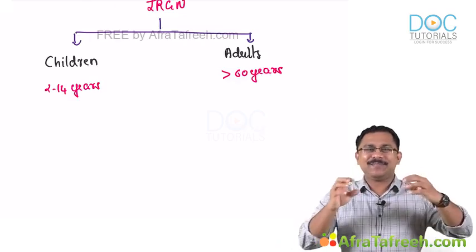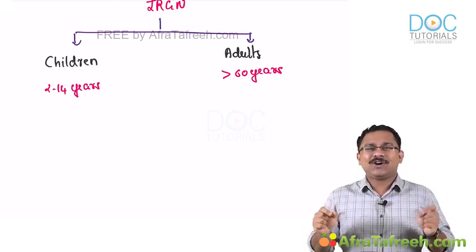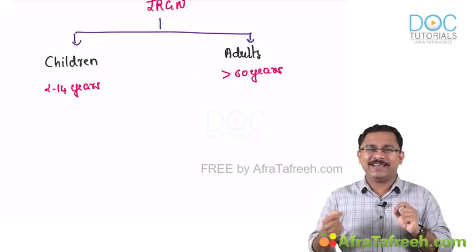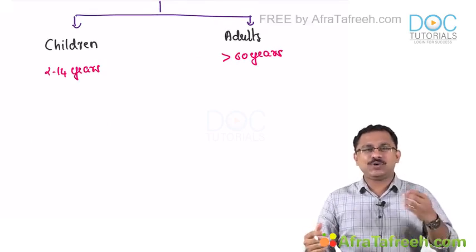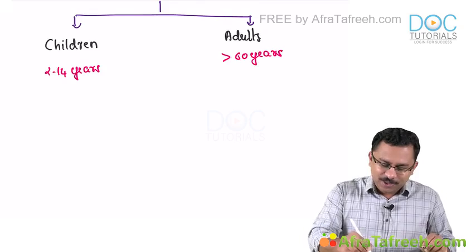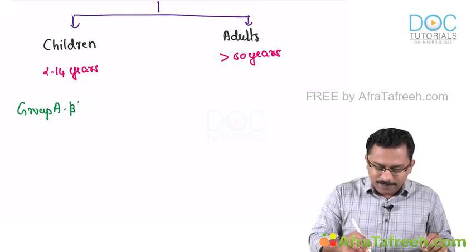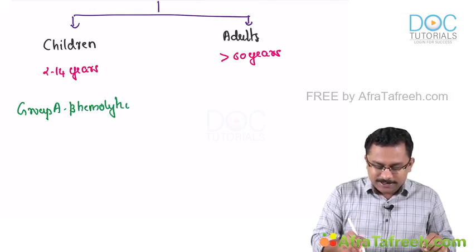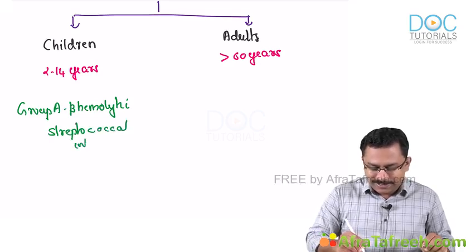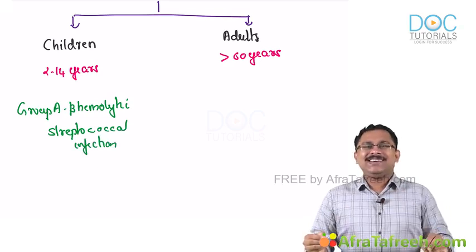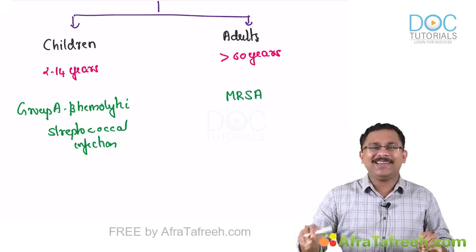Now why did I say from the point of view of the organism? Because in these two groups the causative organism for the glomerulonephritis is different. In children, the glomerulonephritis is usually associated with group A beta hemolytic streptococcal infection, whereas in adults, it is usually Staph aureus, and most often MRSA, that would cause the IRGN.